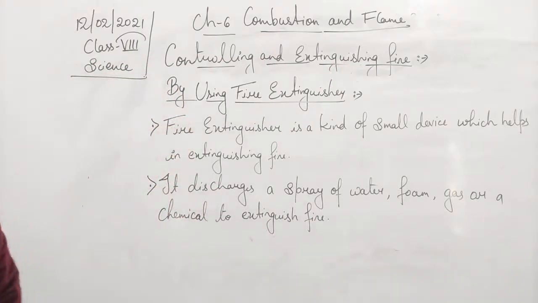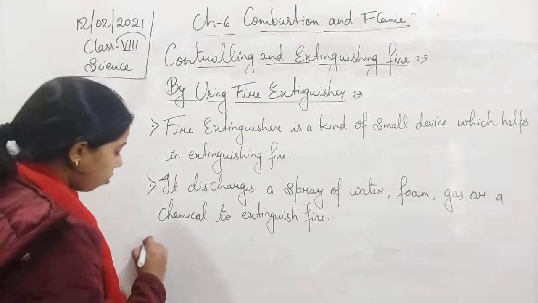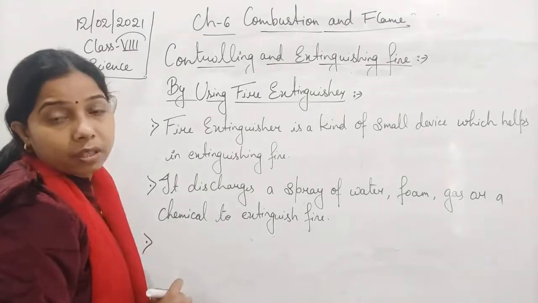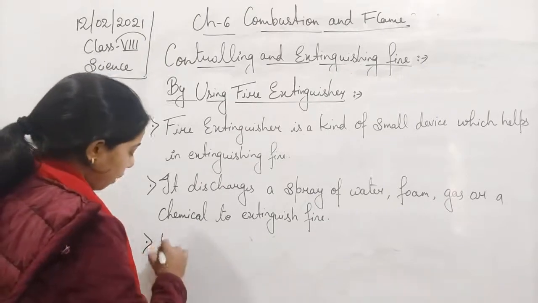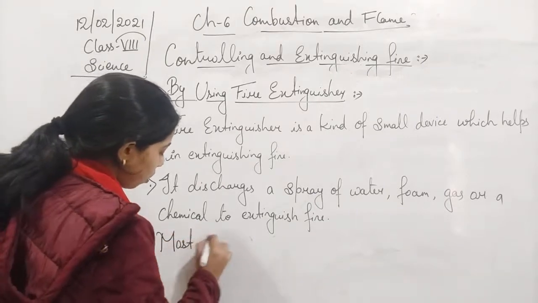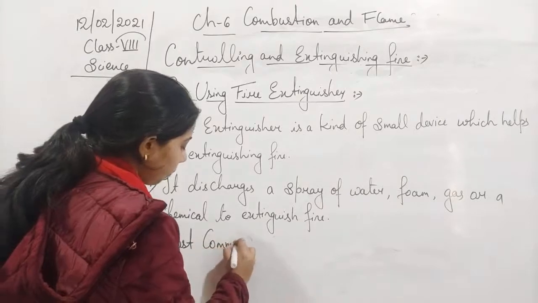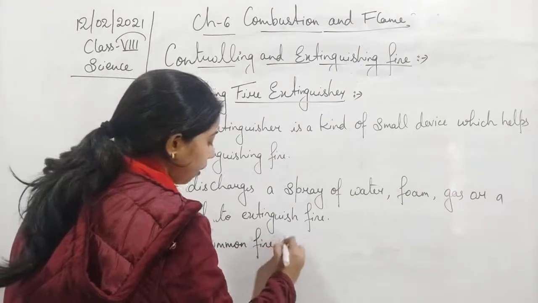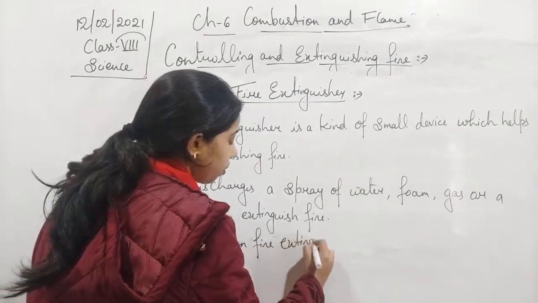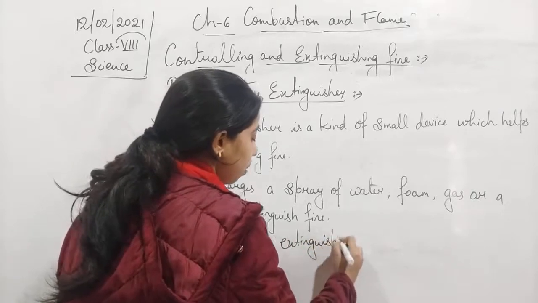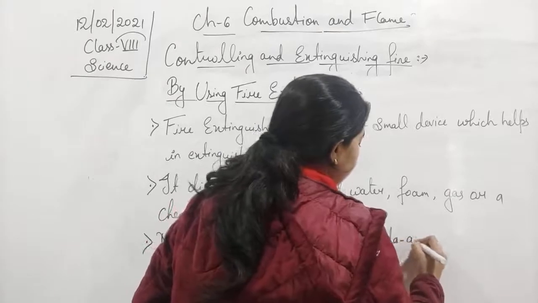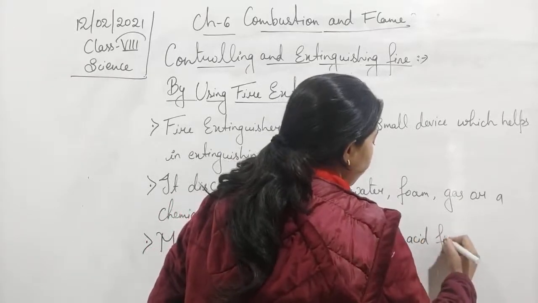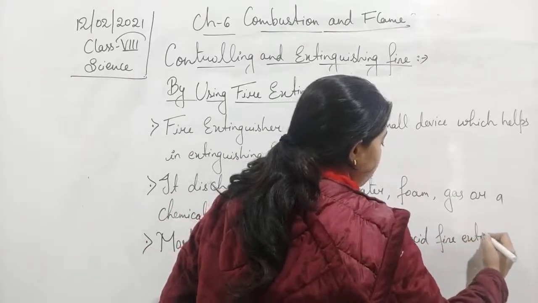Now you see, students, that the most common fire extinguisher is the soda acid fire extinguisher. So we can write it, the most common fire extinguisher is the soda acid fire extinguisher.